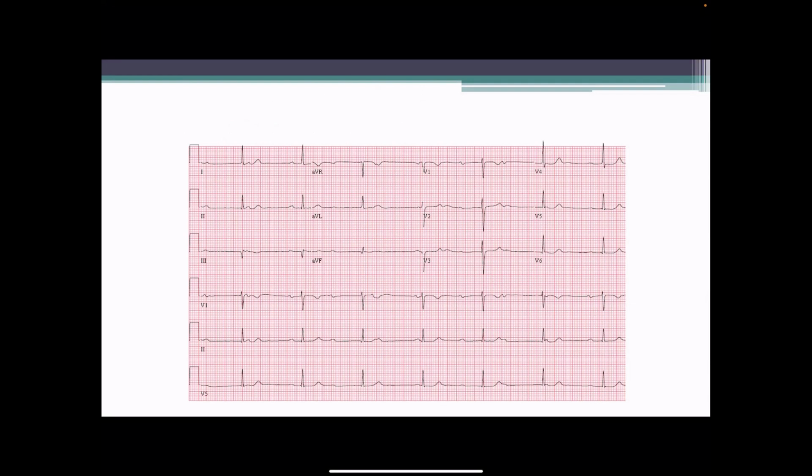Third degree. Okay. Why? Because the P and the QRS aren't really together. Exactly. So this one can be a bit confusing, I understand. A way to recognize this ECG is you'll see a P wave that's on its own.